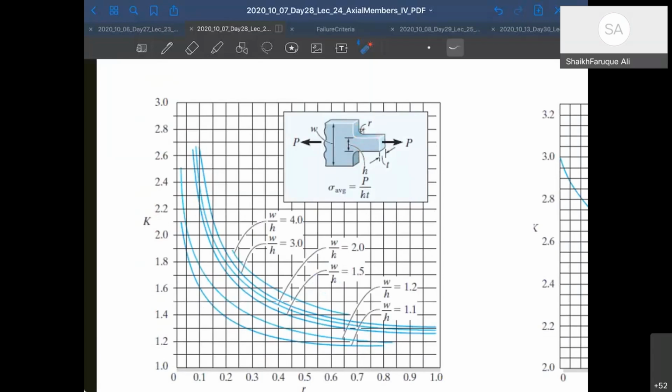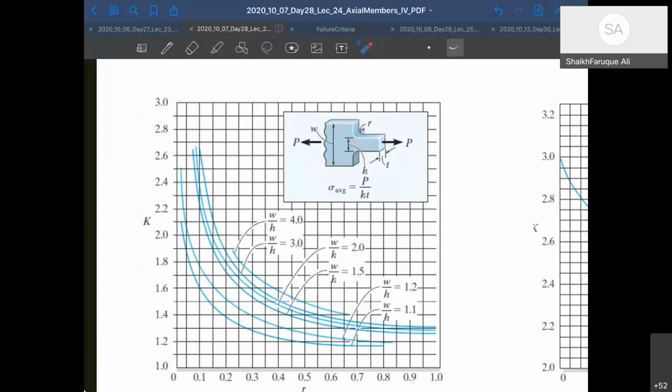The reason for providing the curvature is that the stress concentration reduces a lot if you put a little bit of curvature. Otherwise it will be a very high stress concentration factor, and cracks will start forming from these corners itself. All right, so you have to look into that part also.